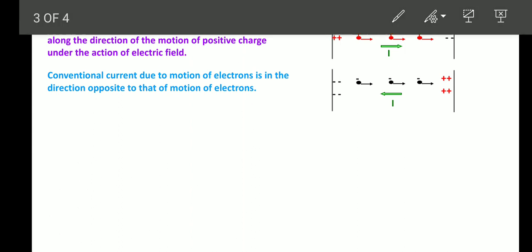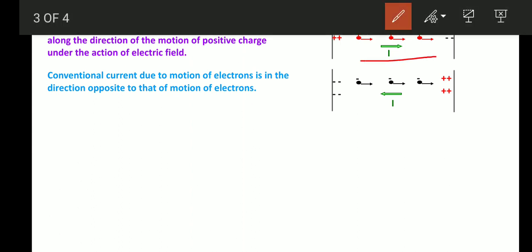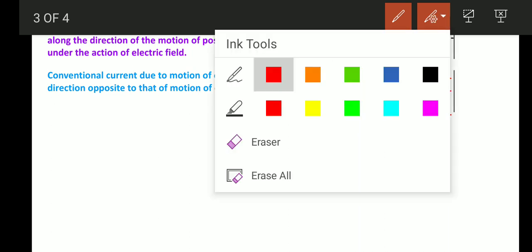See, look at the diagram. Here the direction of the current is from positive to negative. But here also the direction of current is positive to negative, but the flow of electrons will be opposite to the direction of the flow of the positive charge. So the electrons move in the opposite direction to the current. That is the point you need to remember.